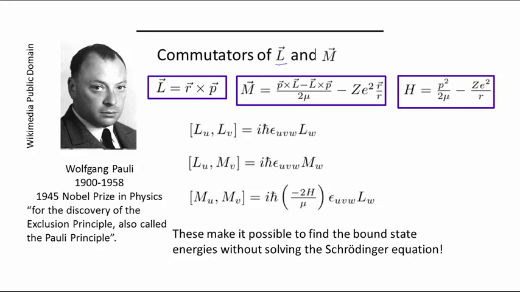Now, the central result found by Pauli, and it seems mysterious and miraculous to me, has to do with the commutators of the angular momentum operator and the Runge-Lenz vector.